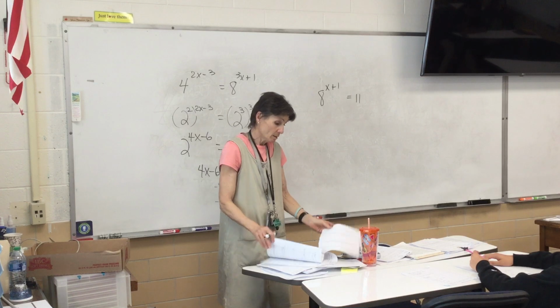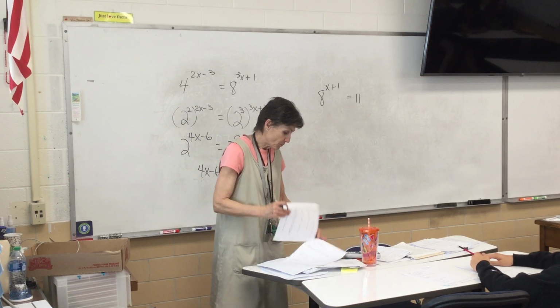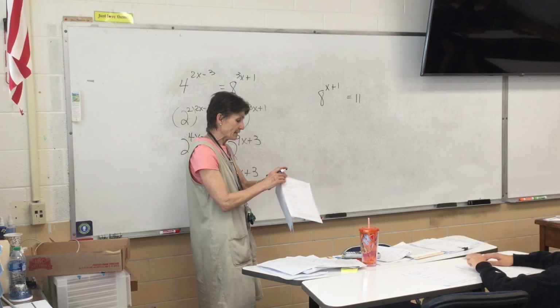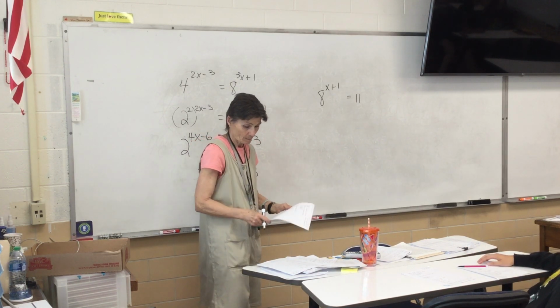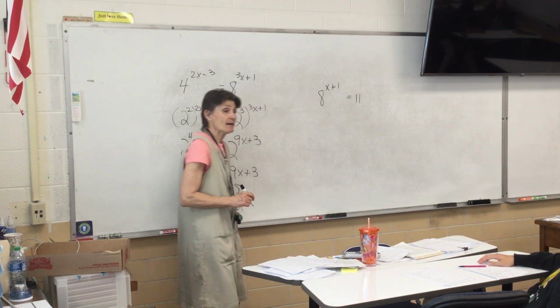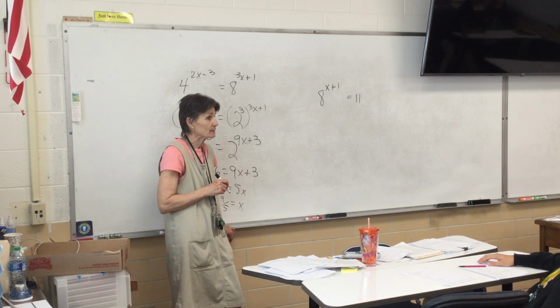It's a 1, which you can add in or not add in, that's up to you. But what about the numbers 8 and 11? Can I make them 2 to something, or 3 to something, or 4 to something? Can I do that with them?